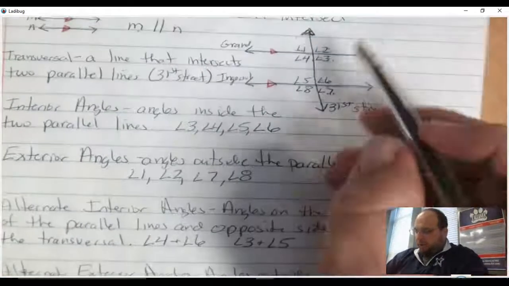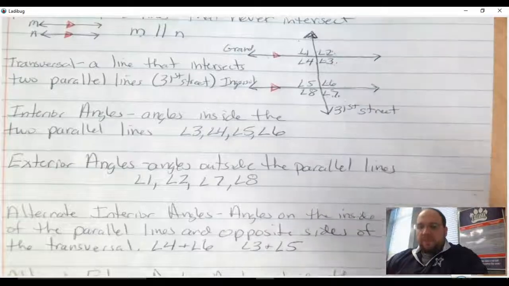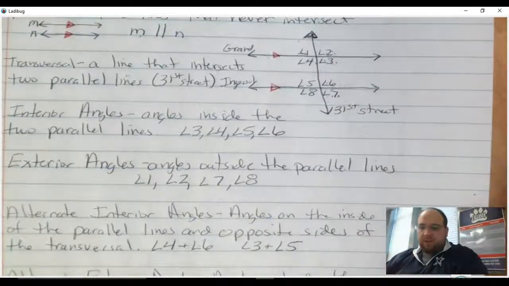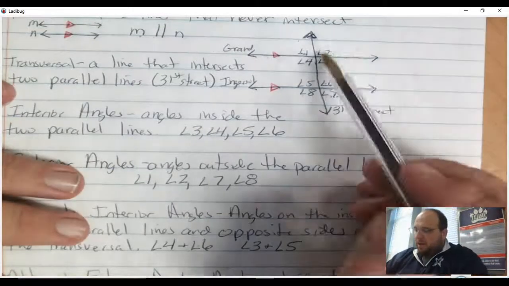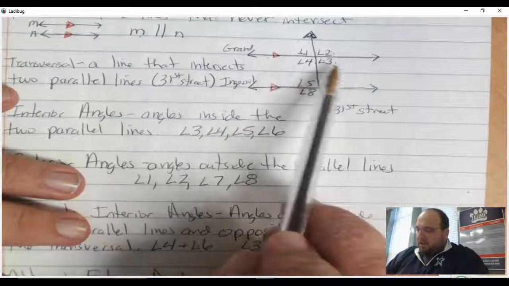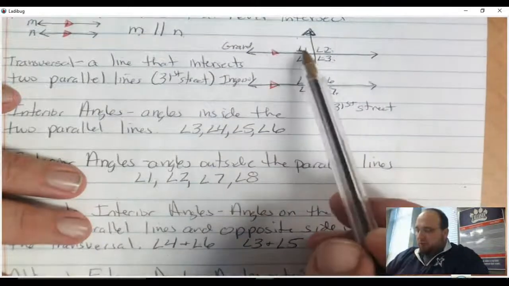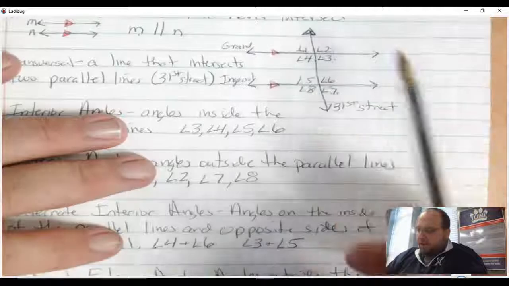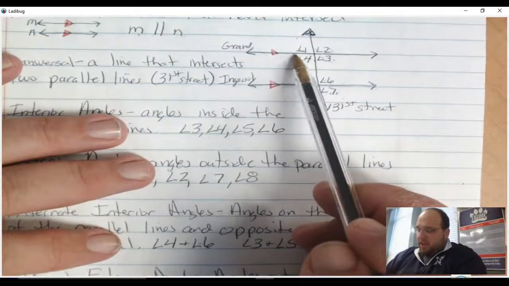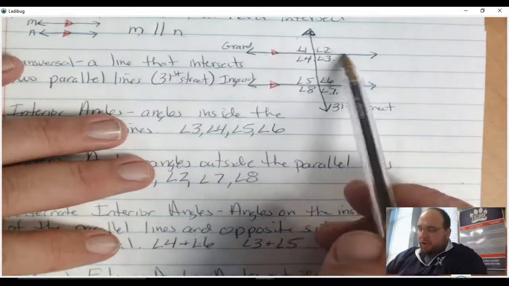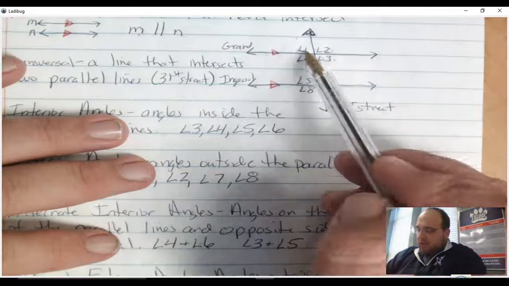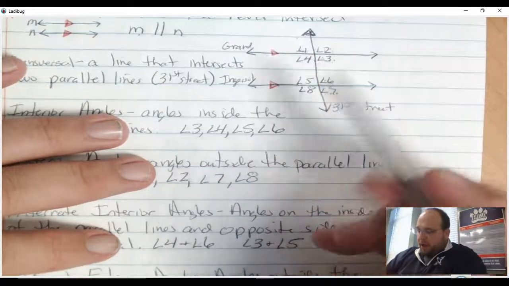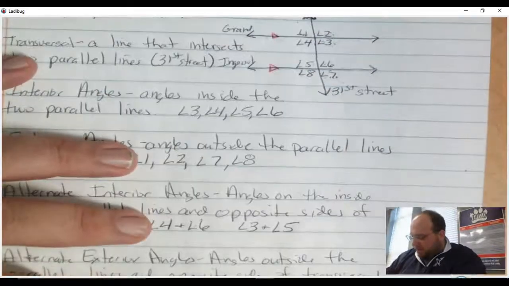The first one that we're going to look at is, think about it, the Daytona 500 just took place the other day. This is your row of cars. You have space between the cars when they're starting and they're going that direction. And each car is kind of set. If I drew a line between each pair of cars, angle 1 would be paired with angle 5. So that's one corresponding pair.